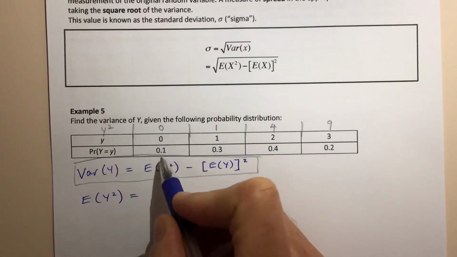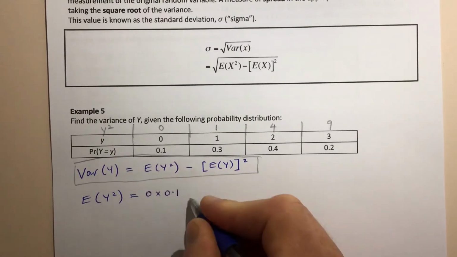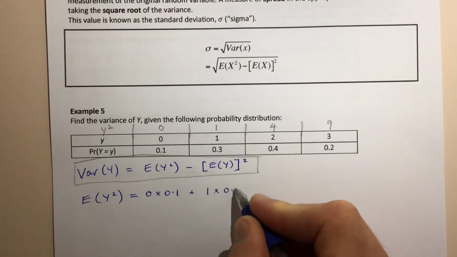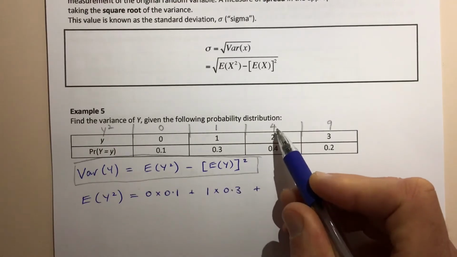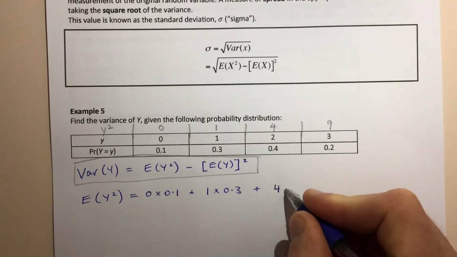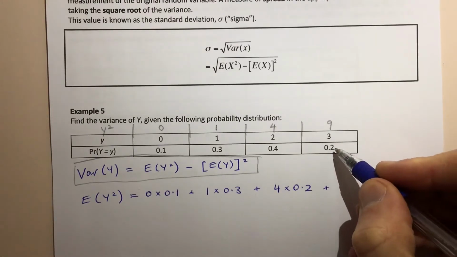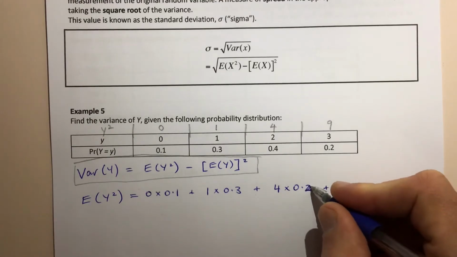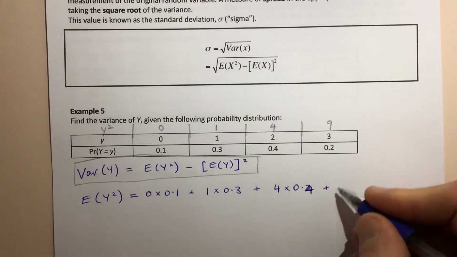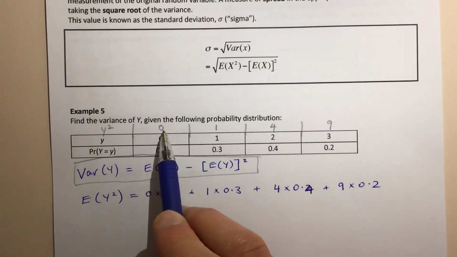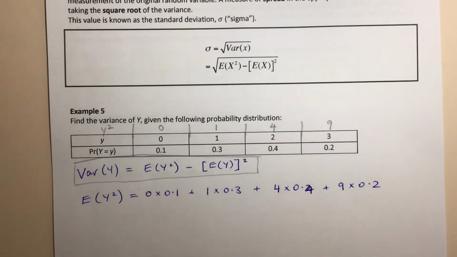So 0 times 0.1 plus 1 times 0.3 plus 4 times 0.2, sorry, I've marked that up, that was 4 times 0.4, plus 9 times 0.2. So you can see that the expected value of y squared is just each value of y squared multiplied by its probability, which is how we normally do the expected value of something, like we did in the previous video.